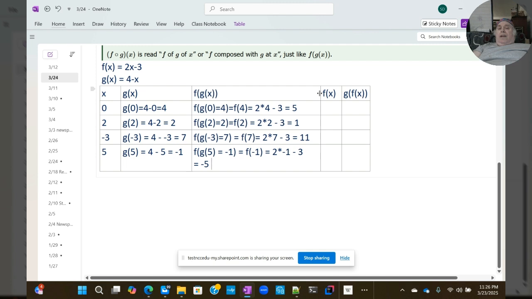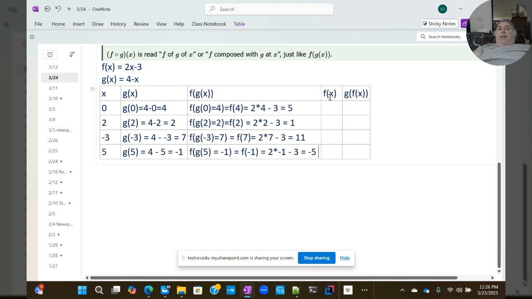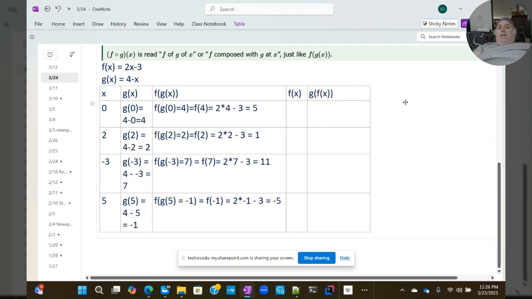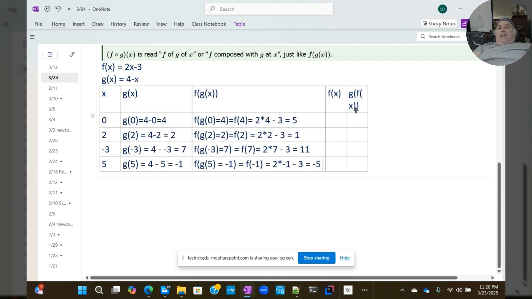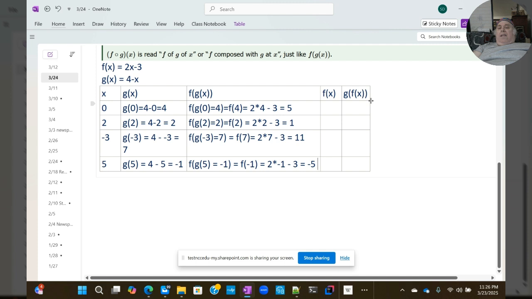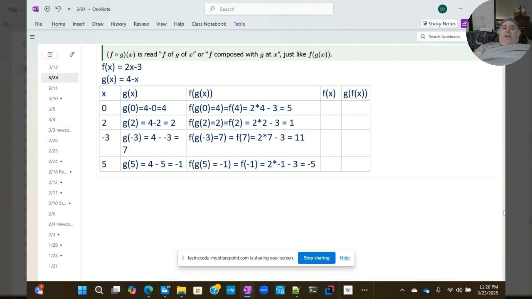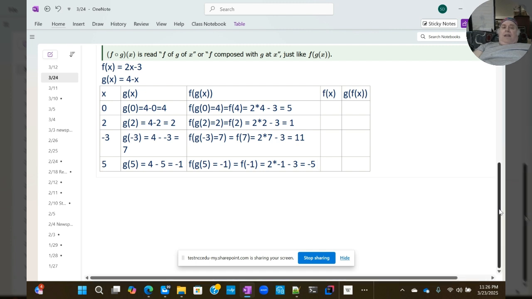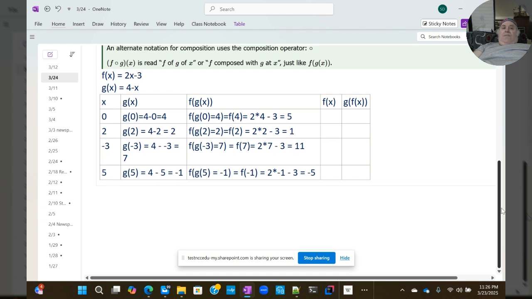Now, one of the important things about function composition is that it doesn't go the same way left to right and right to left.